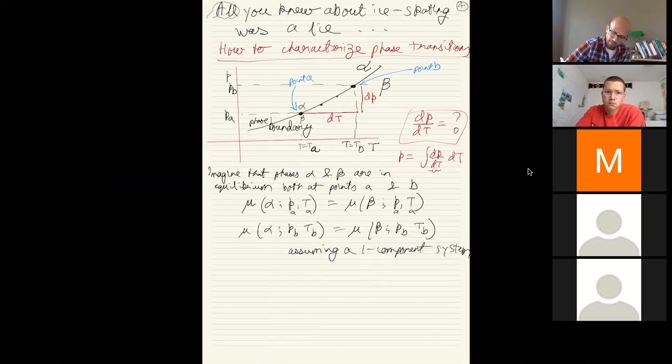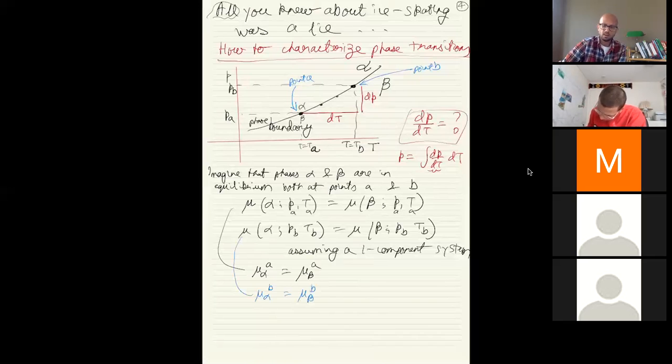If we just write it down, this one over here as mu alpha at point A is equal to mu beta at point A, and write this second one as mu alpha at point B is equal to mu beta at point B, we can think we have just done a slight change, right? We have not changed our system. In going from A to B, we have caused a very tiny amount of change in temperature and pressure.